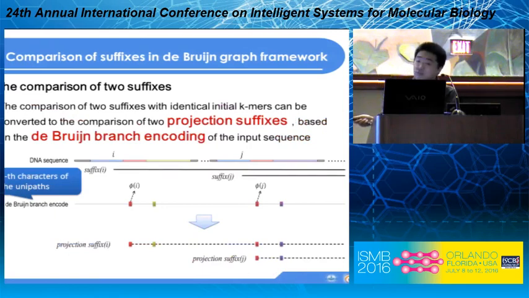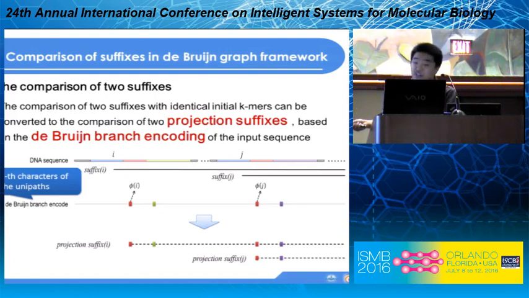So to facilitate the comparison, we designed a new data structure called the de Bruijn-branch encoding. De Bruijn-branch encoding is a concatenation of these special characters, I mean the branch characters of the unipaths along the unipath representation of the whole input sequence. With this data structure, a projection suffix can be defined for any given suffix.